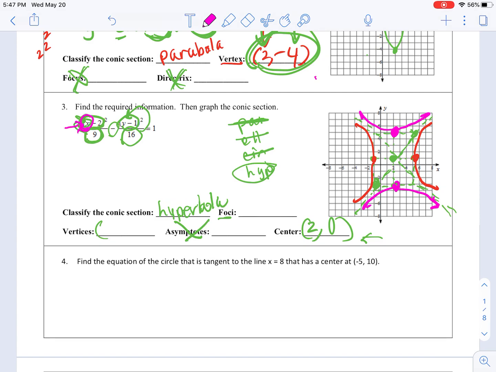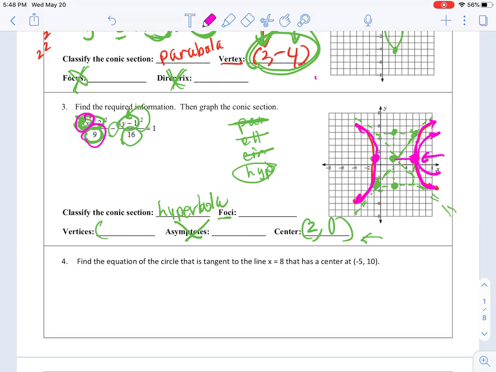Since x is first, it's going to be the ones that I drew at first. So what you do is you look back at your hyperbola, and since x comes first, you go to these ones where you went out 1, 2, 3, and you put your dot on that dot, you put your vertex, and then you follow your asymptotes away.